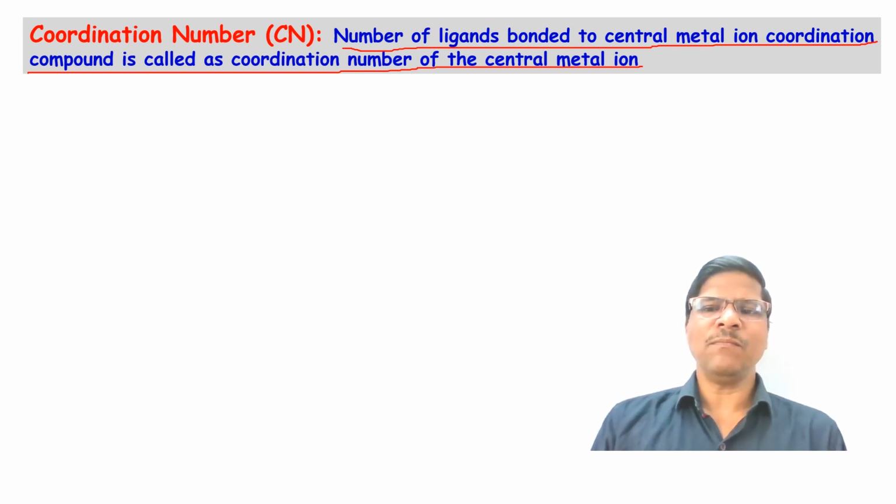So coordination number and the secondary valency have the same meaning; they are not different from each other. What is coordination number and the secondary valency of the metal ion? They are the same one.